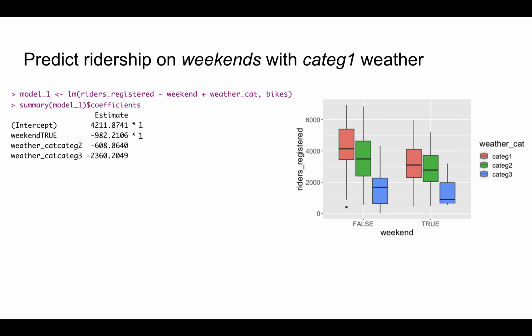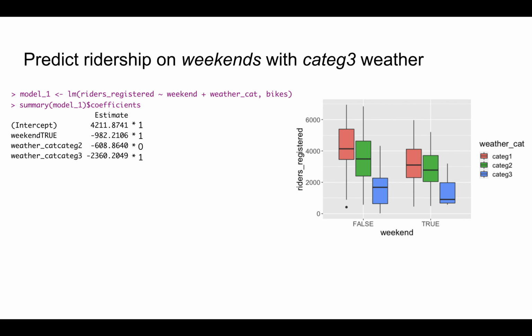In doing so, notice that we incur a drop in ridership associated with weekends, specifically a drop of 982 riders. Moving along, we plug in 0 for the category 2 and 3 variables. The result is 3,230 predicted riders on weekends with category 1 weather, represented by the red dot at right.